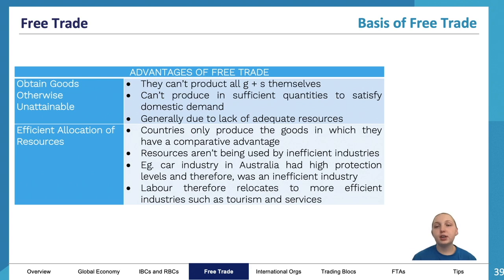There was so much protection on it, and it was so inefficient, and Australia was spending so much money producing cars that it would have been so much cheaper if we just got them overseas. That's an example of how resources can be going to inefficient industries. Therefore, labour was reallocated to more efficient industries such as tourism and services, while protection was removed from the car industry in Australia, leading to a more efficient allocation of resources. Australia was essentially getting more bang for your buck.